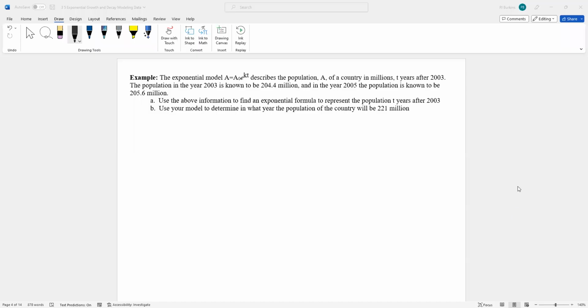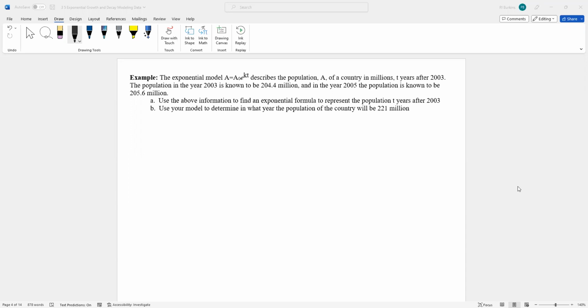So here's another example where they tell us the type of model, but they didn't plug everything in for us this time. It says that A is the population in millions, T is years after 2003, and they tell us that the population in 2003 was 204.4 million.